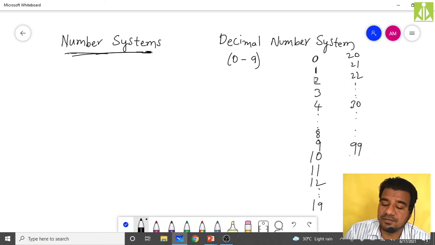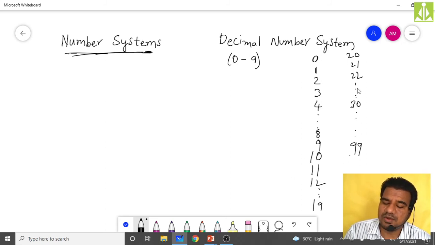Whenever we are running out of digits, suppose we are showing 0, 1, 2, 3 using a single digit, after reaching 9, what is happening? We are running out of digits. We don't have any new single digit to show 10 as count. So we increment the position, we go for the tens position, and we make the combination of digits and show 1 0 as 10.